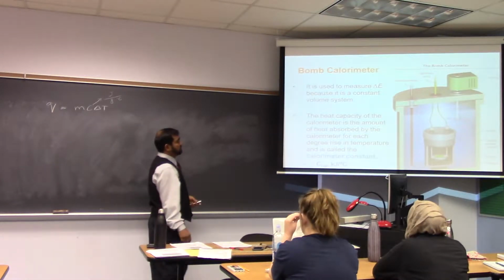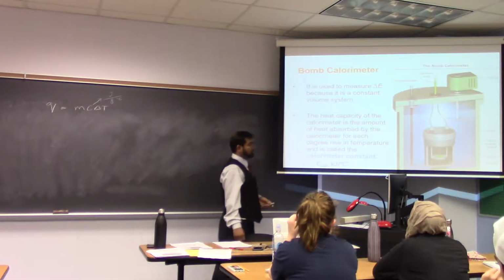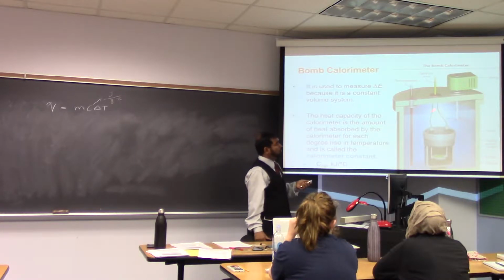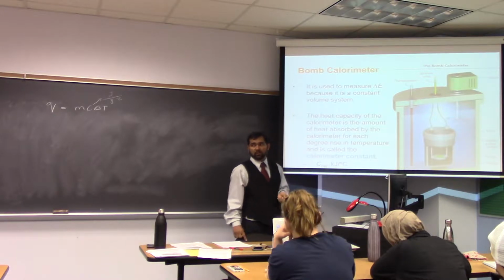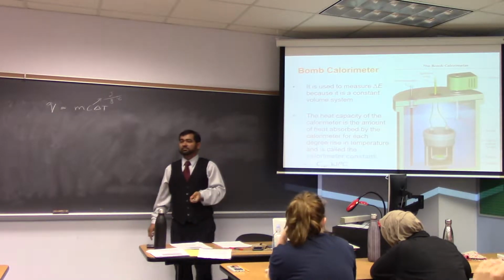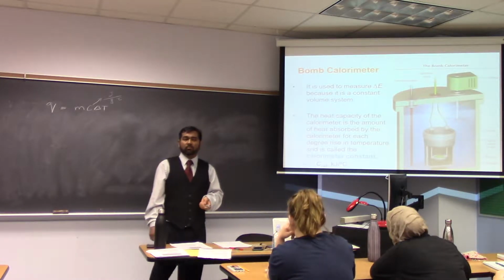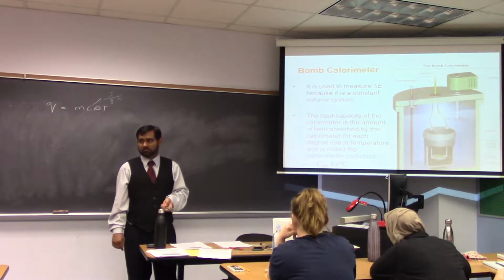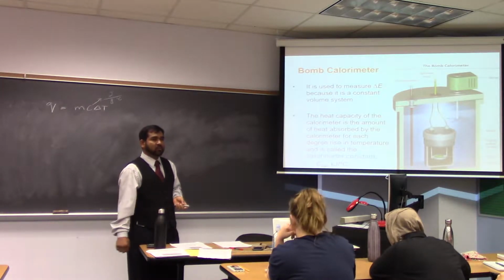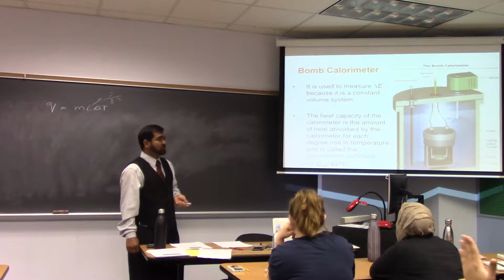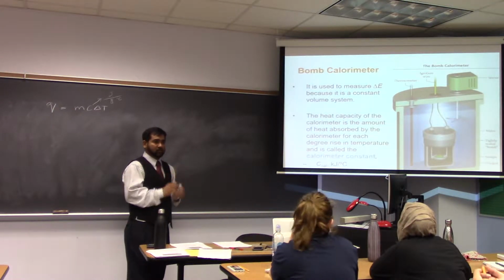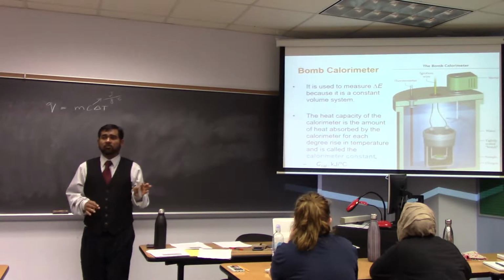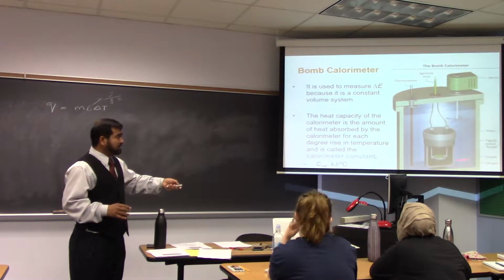This is a different type of calorimeter. It's called a bomb calorimeter. How does it sound? Bomb calorimeter? Bomb, right? Is it made of a bomb? No, it's not. But why is it called that? It's because it's insulated, but I don't know exactly why it's called that.